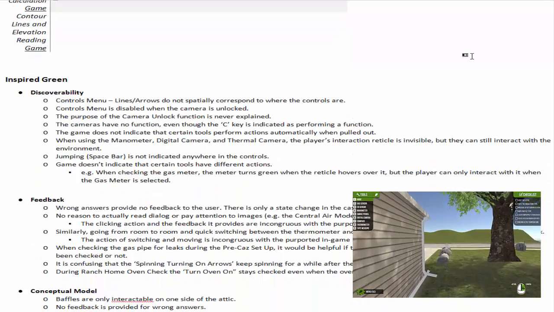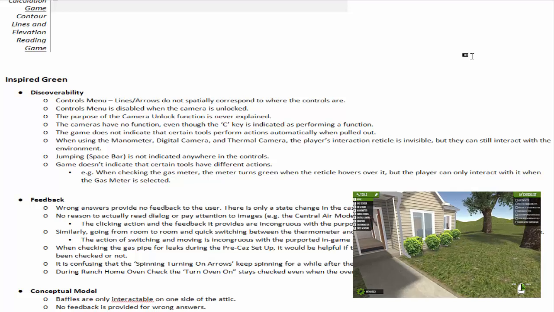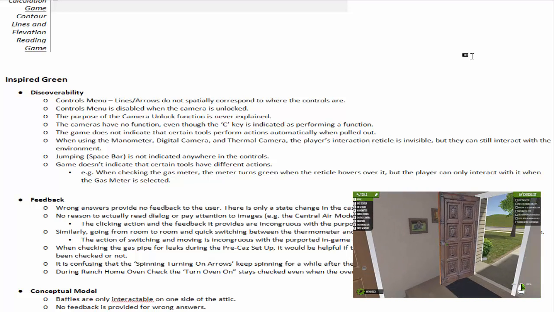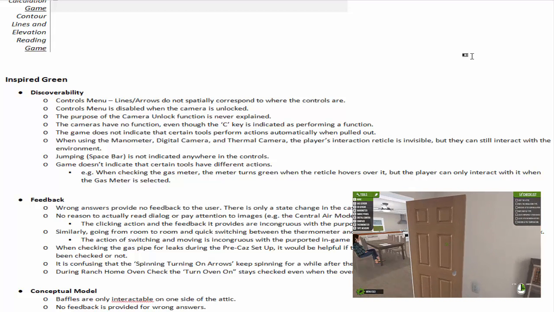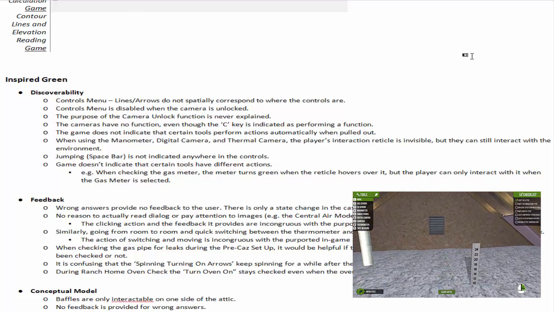Because this was both a usability test and a heuristic evaluation, some of the findings were more on the interface side, such as the fact that the control menu did not accurately explain to the user what the controls were. The graphics were a little unclear.